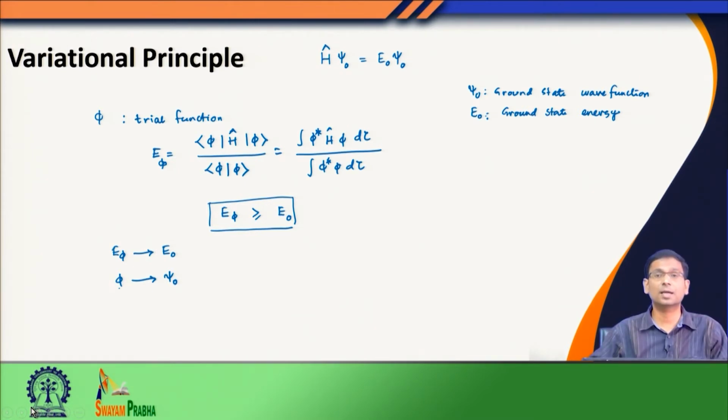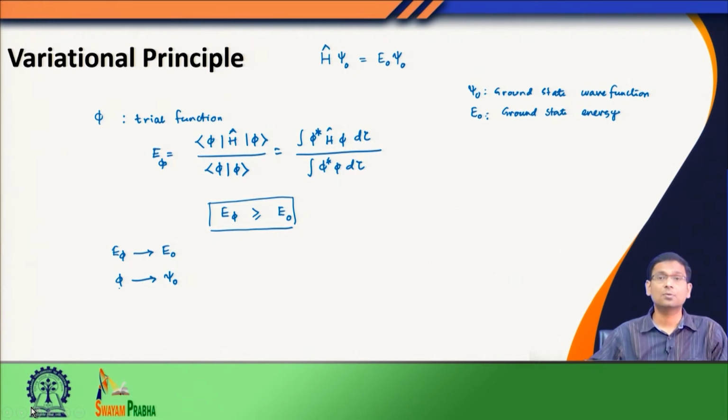In those cases, we cannot find the exact solution of the Schrodinger equation, and we first looked at one of those methods known as the variational principle. In this principle, we discussed that suppose we have a Hamiltonian whose exact ground state psi 0 and exact ground state energy E 0 we do not know.